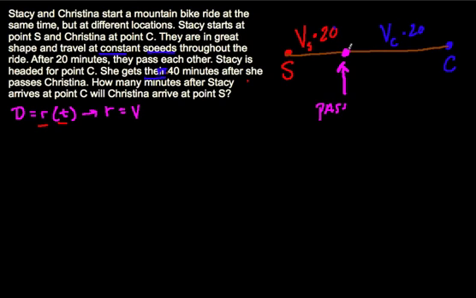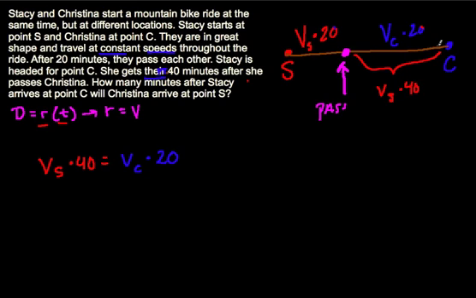And we also know that after Stacy passed Christina, it took her 40 minutes to get here. Well, that means that in this part of the path, the velocity of Stacy times 40 minutes gets us to point C. And already it seems that we're starting to get this nice connection where the velocity of Stacy times 40 minutes equals the velocity of Christina for 20 minutes.